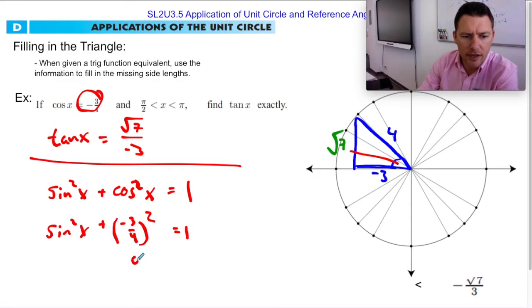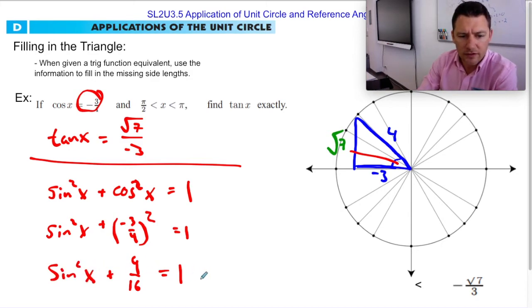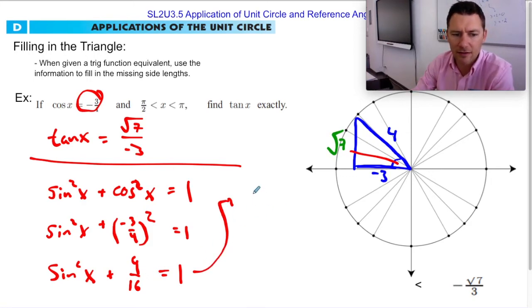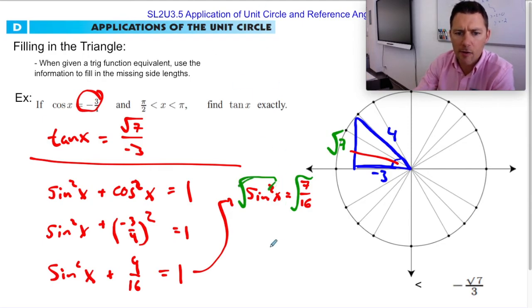This becomes 9 over 16, and 1 equals, and that's sine squared of x still, plus that. When you, this is 16/16, and when you subtract 9/16 from there, you get sine squared of x is what, 7/16. And when you take the square root of both sides, the square root and that square cancel out, and you get sine of x.